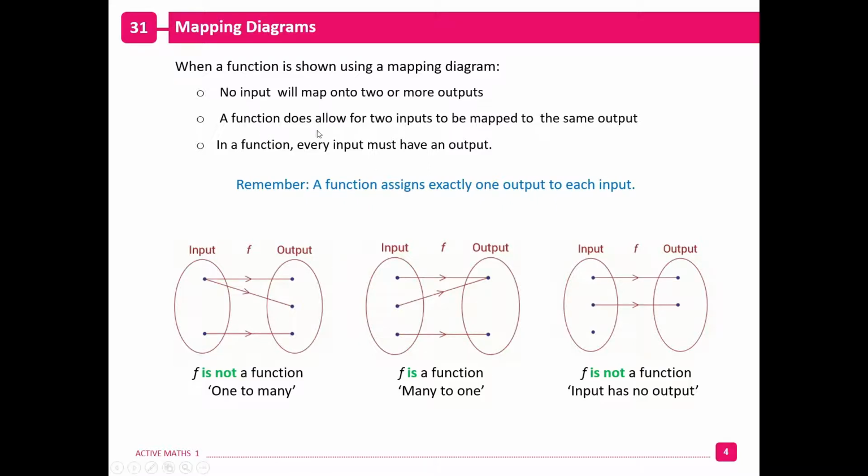We also learned that a function does, though, allow the opposite, the reverse. There can be two numbers that we start with that will undergo the rule and map to the same answer, the same output, which is this middle diagram here. We looked at how both -2 and +2, so that's two different numbers, two different inputs, when they are squared, multiplied by themselves, they both give the answer 4.